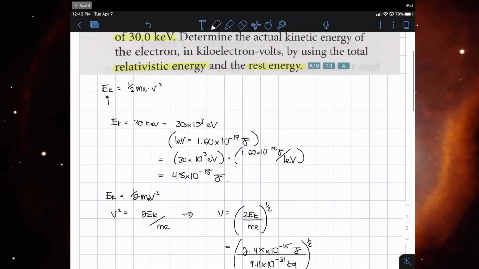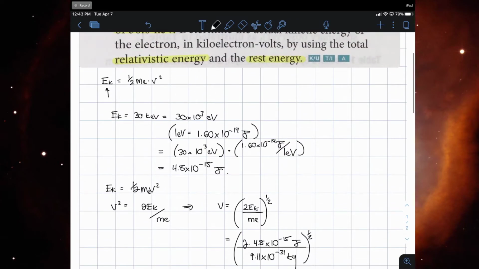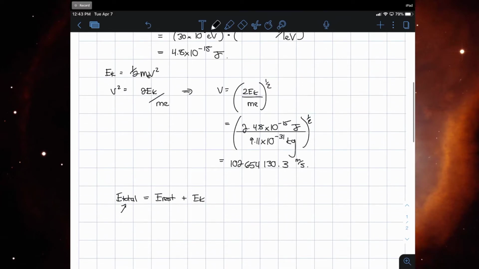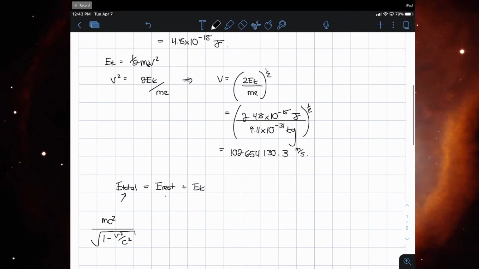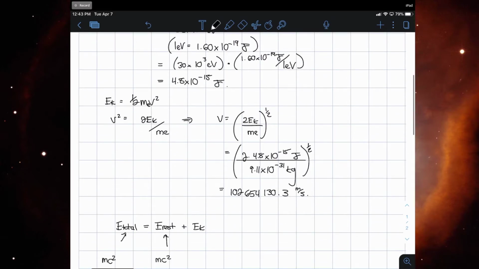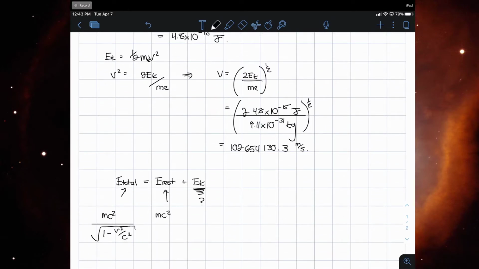The total relativistic energy is given by mc squared times the Lorentz factor, so mc squared over the square root of 1 minus v squared over c squared. The rest energy is just E equals mc squared. Using this, we can figure out the relativistic kinetic energy, which is the thing we're looking for.